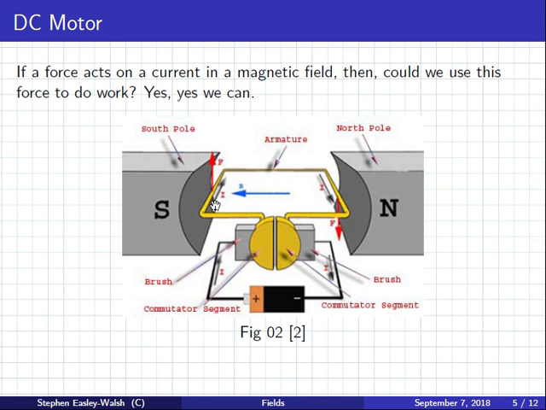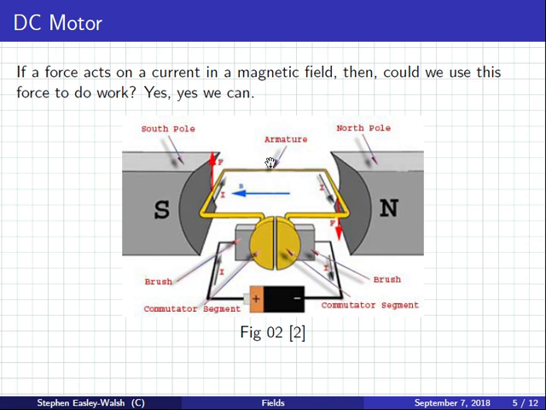If I use my left hand, B is left, I is in, so F is up. Here, B is left, I is out, so F is down. So you get a force going up here and a force going down here.